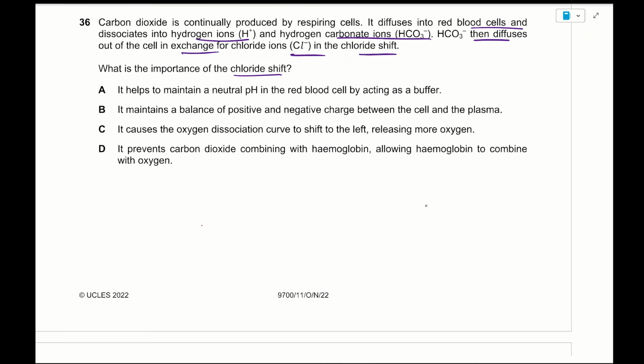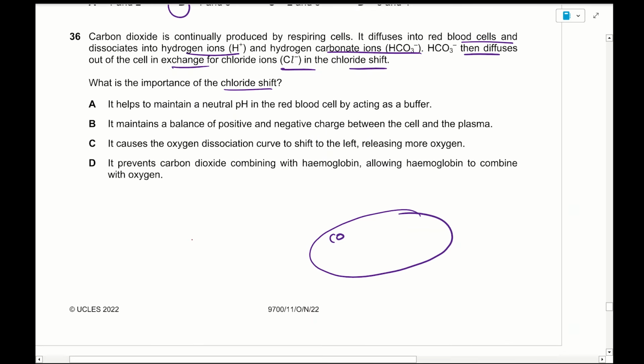First of all, you must know that inside a red blood cell there is an enzyme called carbonic anhydrase. This enzyme basically forms carbonic acid. What happens is the reaction combining carbon dioxide with water forming carbonic acid. Then carbonic acid dissociates into hydrogen ions and hydrogen carbonate ions, which are negative.